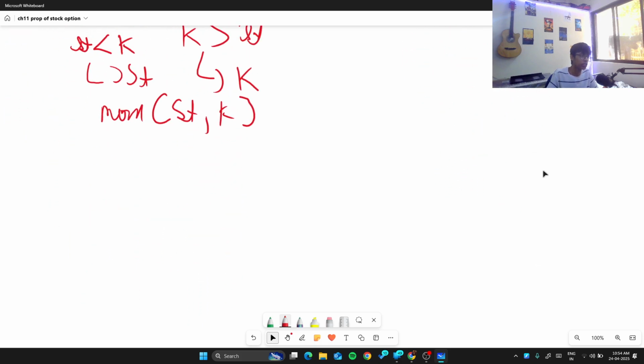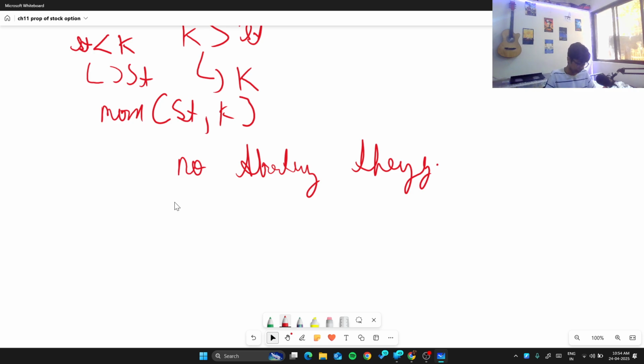And if we consider the no arbitrage theory or complete market theory, the portfolio should give equal return, right? And that would be put plus stock S0 is greater than or equal to K e to the power minus RT, right?